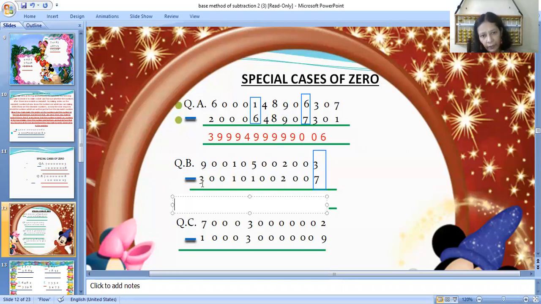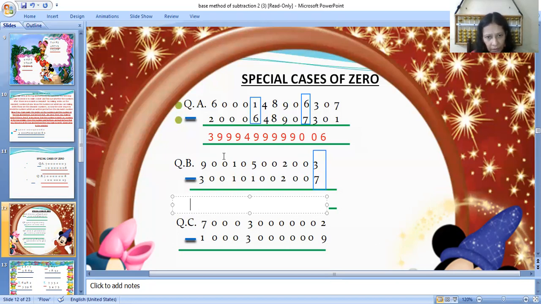You see here, now what will you do in this question is 9 minus 3, you will start from here, is 6. You will have to check whether you will write here 6. So before writing 6 here, move to the next. You can't say here it is match or mismatch.